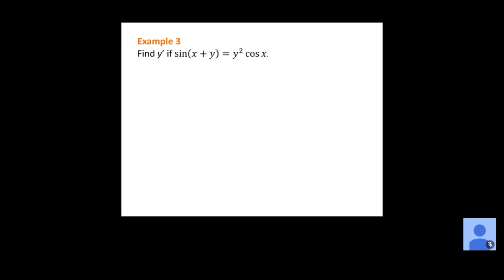How are we going to find the derivative of our left-hand side here? What rule do you think we might need to use to find the derivative on the left?